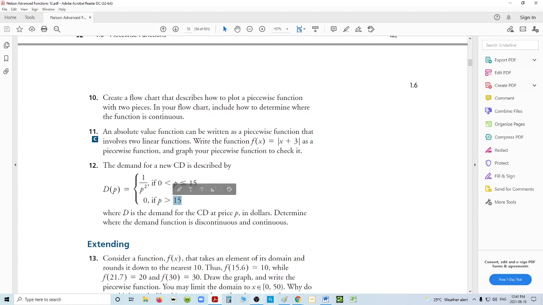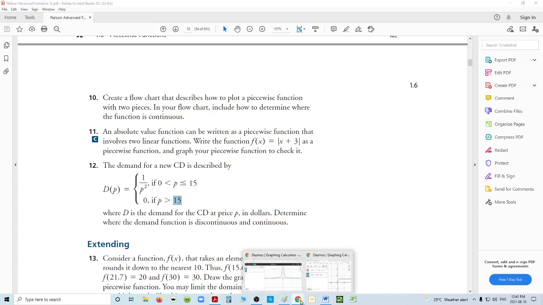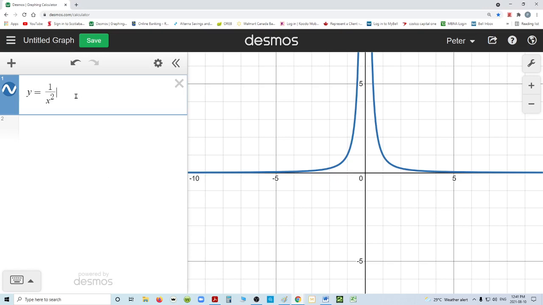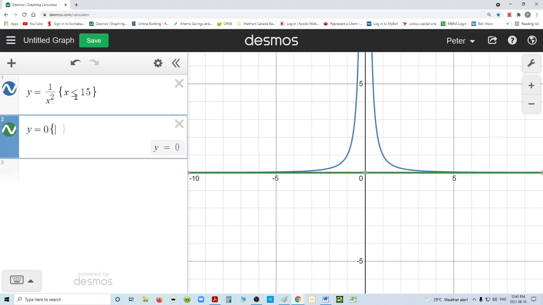Okay, let's just let it graph it for us. So from 0, let's say x is smaller or equal to 15, and then y is equal to 0 for x bigger or equal to 15. And even on this one, let's put the 0 in there to get rid of them.